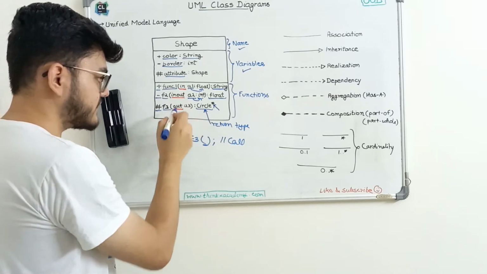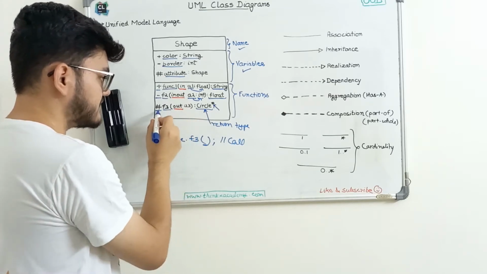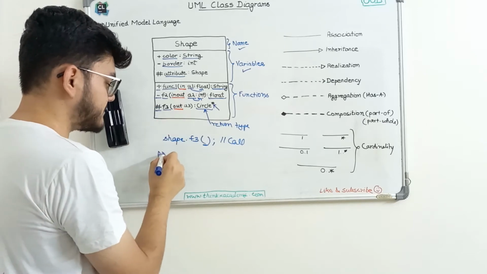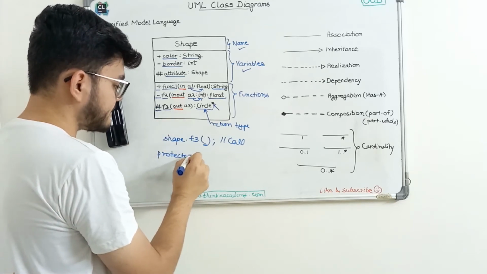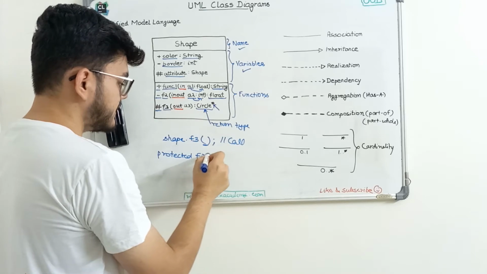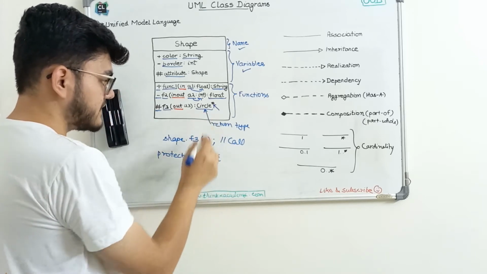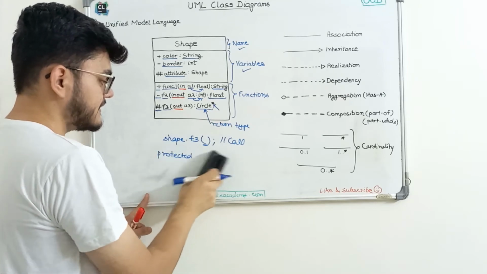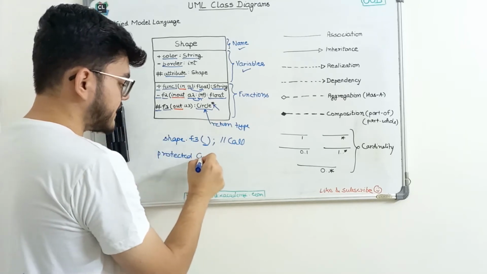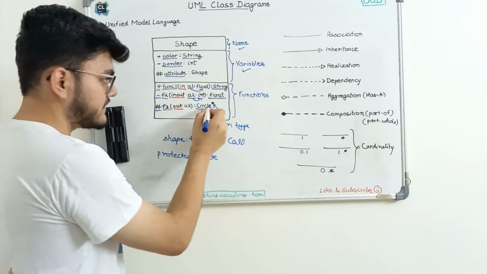So this function f3 will be defined like this. You can see it's a hash symbol. Hash means protected. The name of the function is f3. There are no inputs given to the function, but this function will return a circle type. So I'm going to write it like this: protected, then circle, which is a reference.